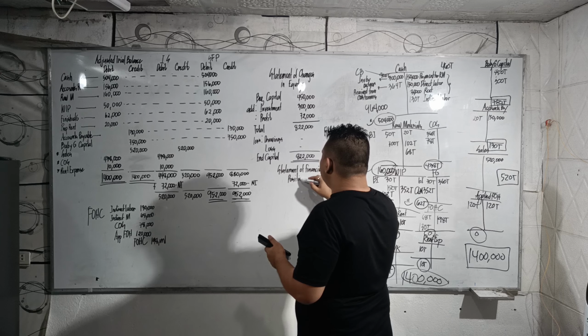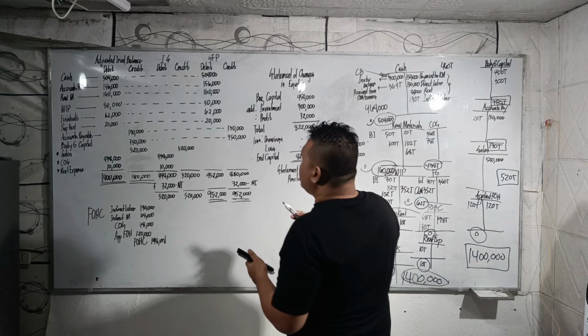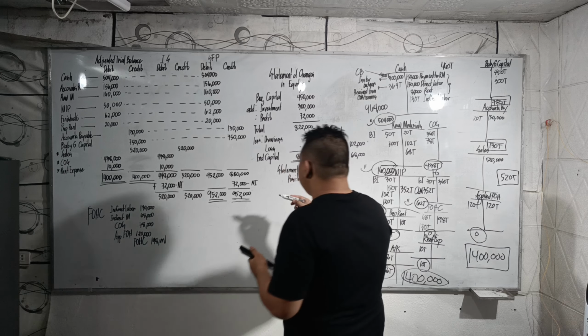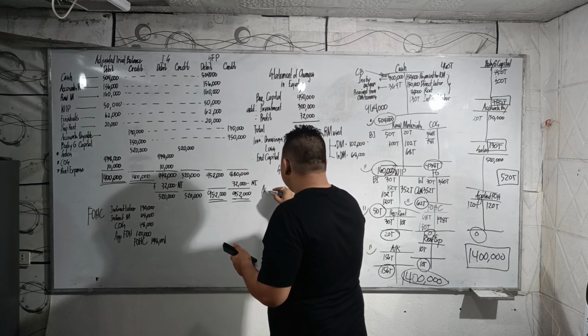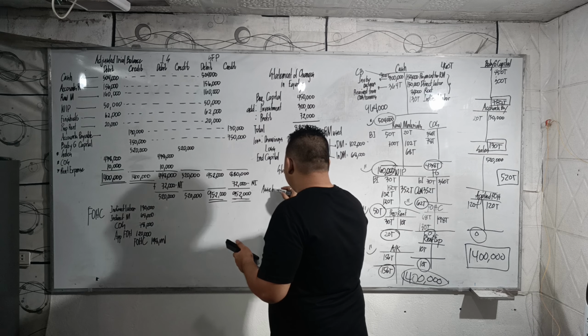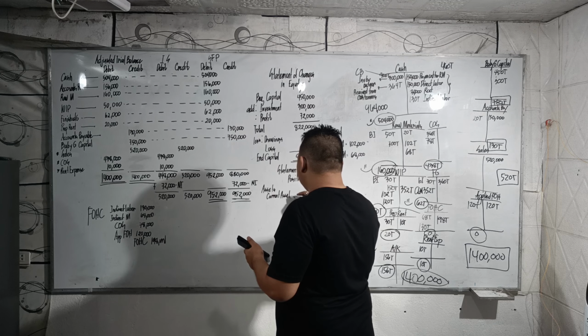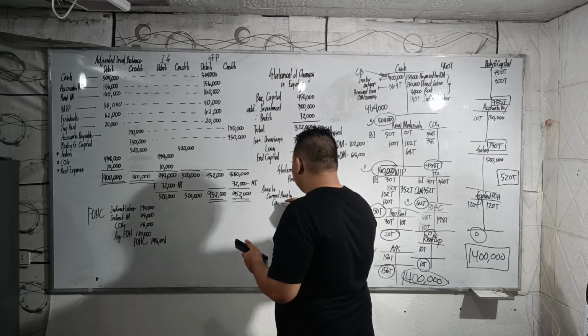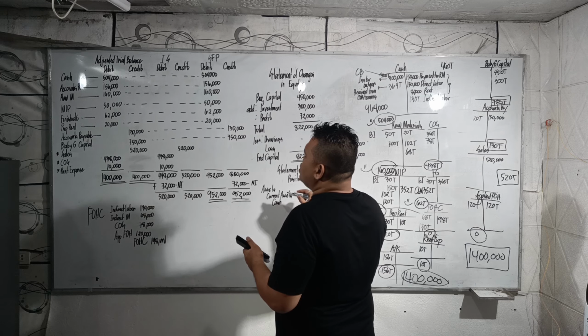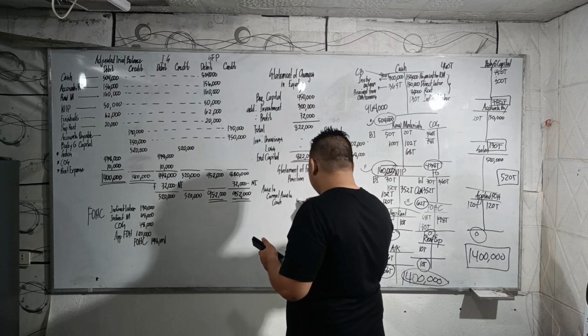So, the statement of financial position, you can have the assets first. So, we have the assets, and you'll start with the current assets. And on the current assets, of course, the first one is the cash. The cash is 504,000.